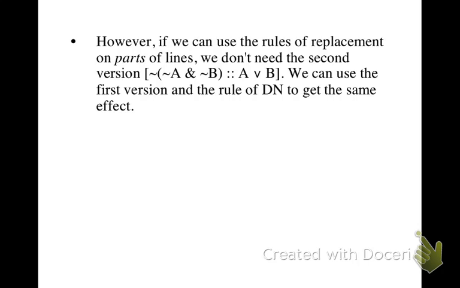However, if we can use the rules of replacement on parts of lines, we don't need this second version. We can use the first version and the rule of double negation to get the same effect. So let me show you how that works.